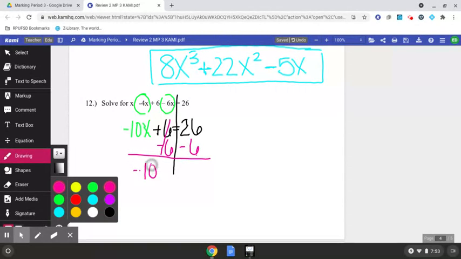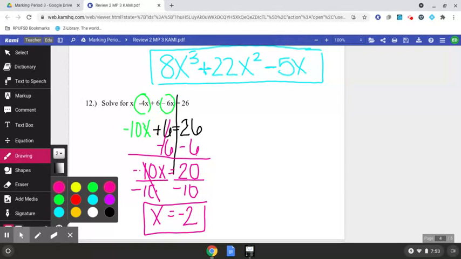We get negative 10x is equal to 20, and then we're just dividing by negative 10. So x is equal to negative 2. Okay, so again, make sure you're combining, distributing, and then you're working your way to that two-step equation and solving for the variable.